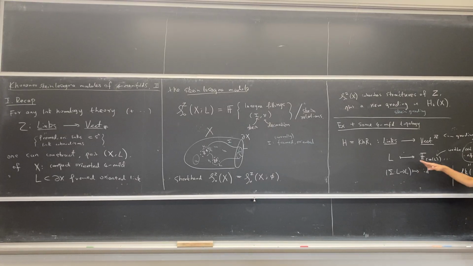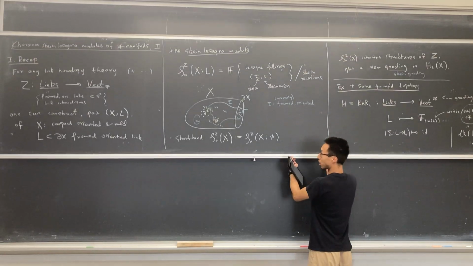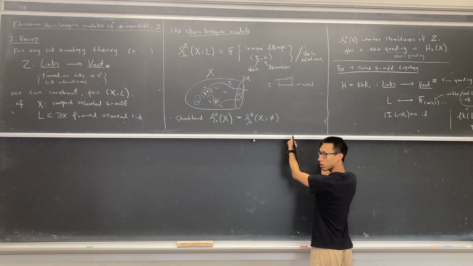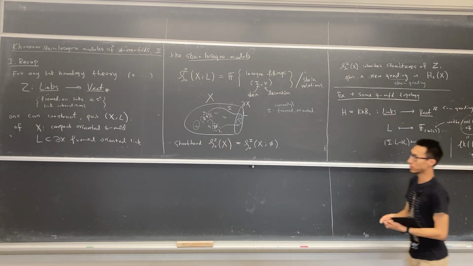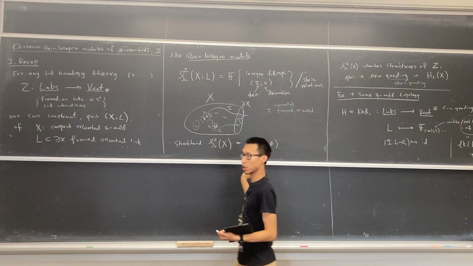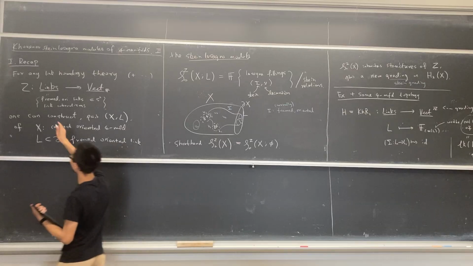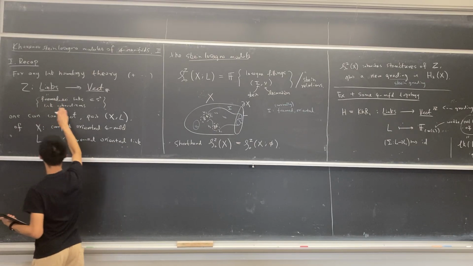So this is still a very boring functor, but it has slightly more information. Every cobordism will preserve the writhe because we are asking the morphisms to also be framed. So I guess it's a part of the condition here.